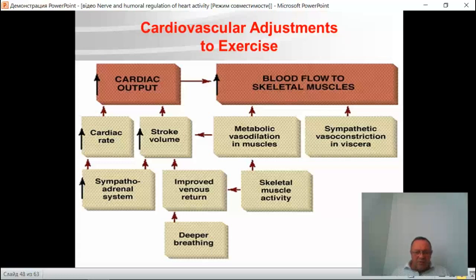On the table you can see cardiovascular adjustment to exercise. Skeletal muscle activity gives the effect of improved venous return and metabolic vasodilation in muscles. Improved venous return gives the effect of increased stroke volume and, as a result, increased cardiac output.